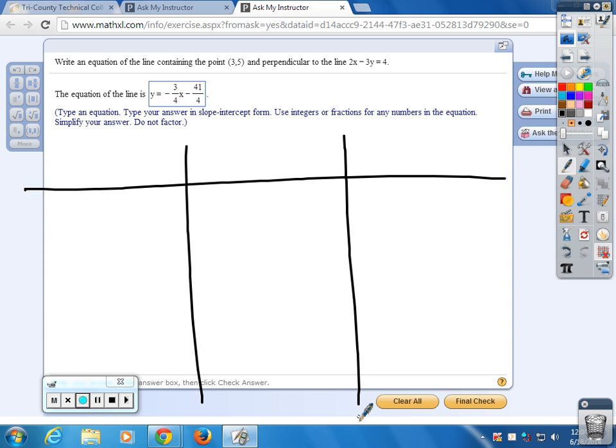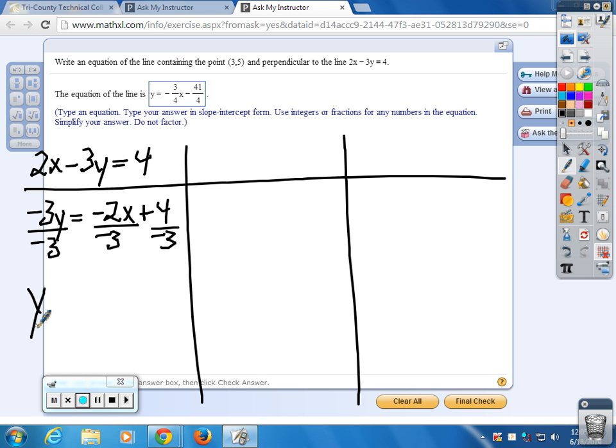Do we have to solve for y on this one? Yes. 2x minus 3y is equal to 4. Negative 3y is equal to negative 2x plus 4. Divide by negative 3.